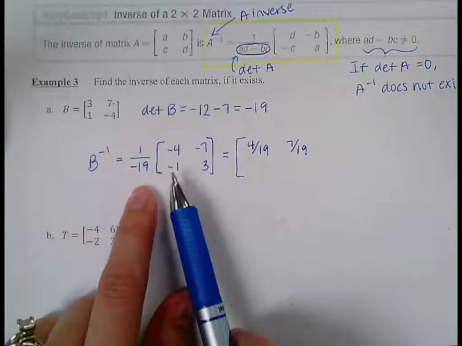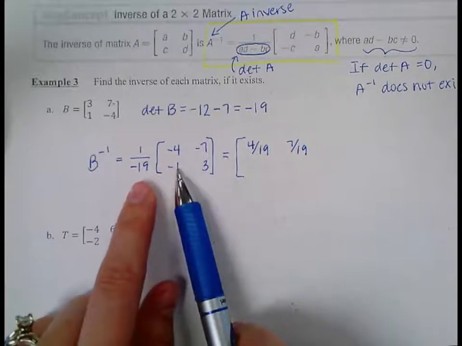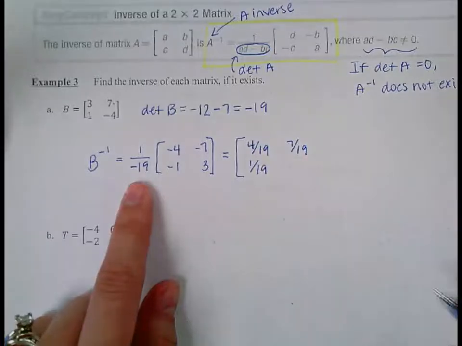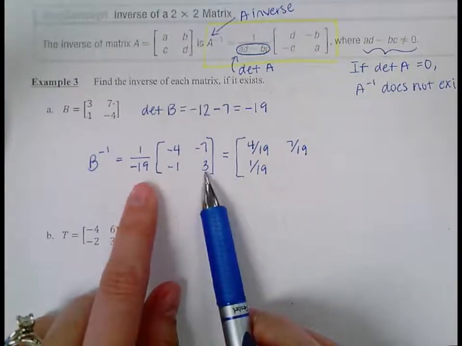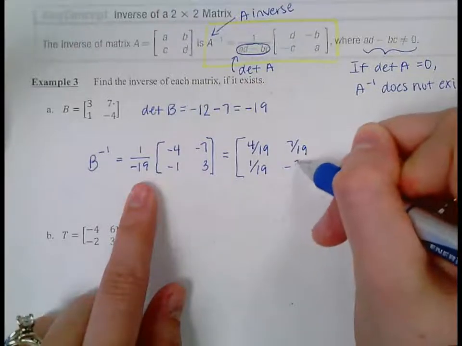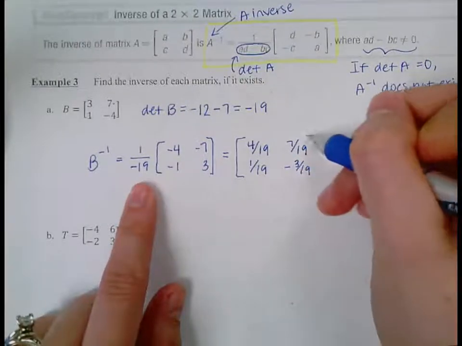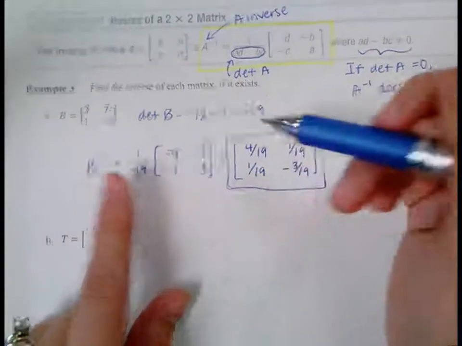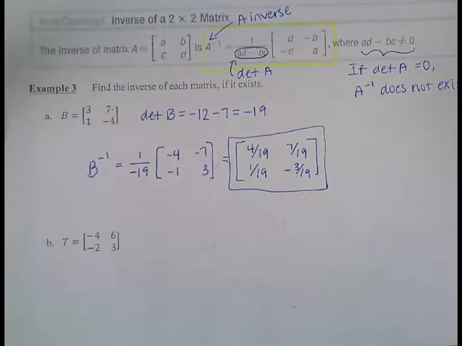And then in the second row, negative 1 over negative 19. Again, that'll be positive, and it's simplified, 1/19. And then 3 over negative 19, so it'll be negative, and 3/19 is simplified. So this is your inverse matrix for that matrix B.